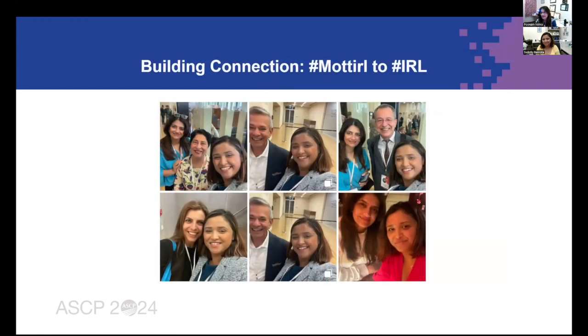Not only that, social media helps build connections that start online, and then we can move into real-life interactions. The hashtag "online to real life" refers to the idea of forming relationships and professional networks online, and then moving to face-to-face meetings. In these pictures, we met our colleagues through online collaborations, but later at national meetings.